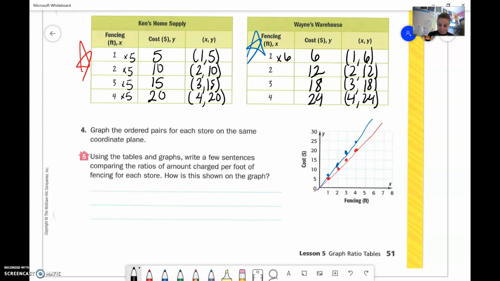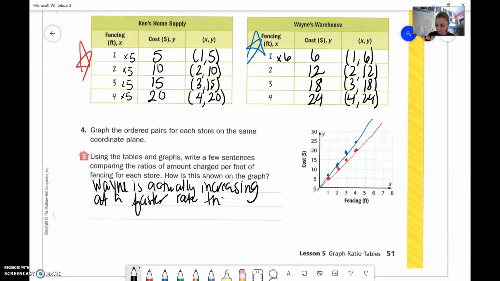We see that Wayne's is increasing at a faster rate than Ken's rate. Ken's is going like this, and Wayne's is going more like this.